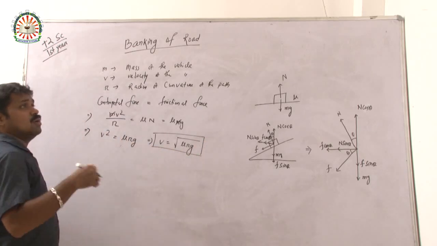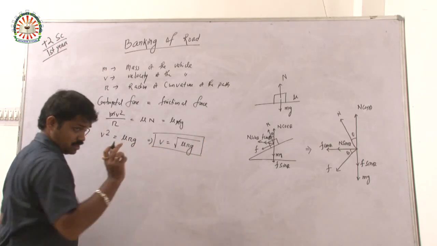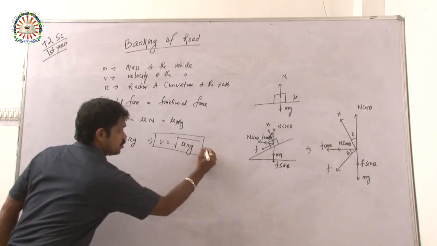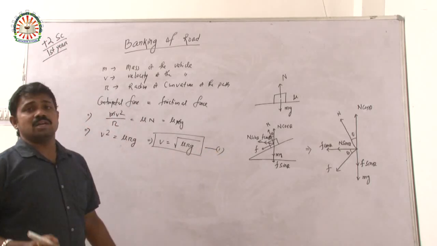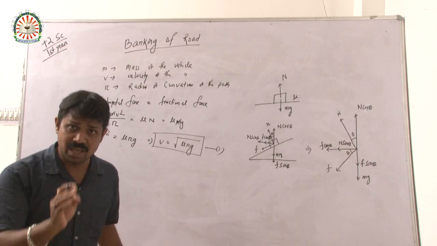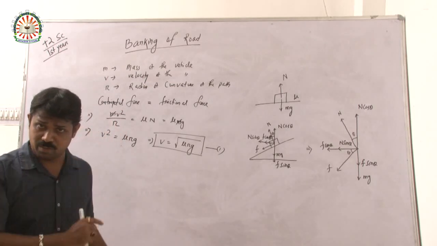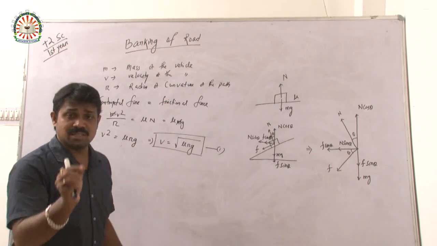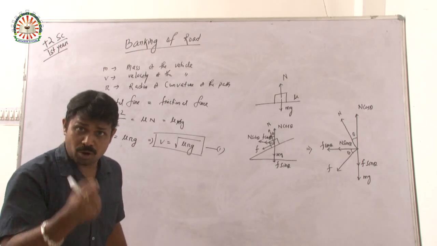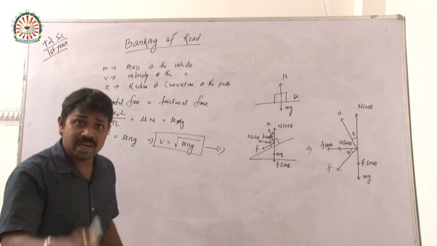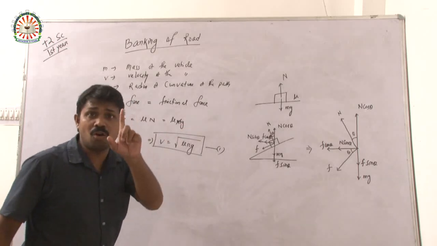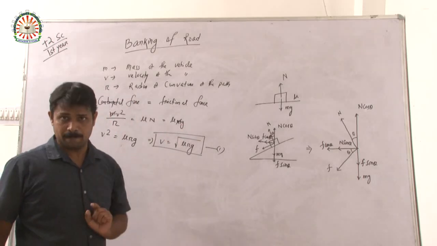Clear? Listen very carefully. Suppose this is equation number 1. Equation number 1 is the maximum velocity for the safety of the vehicle in a curved path, but the curved path is a horizontal one.